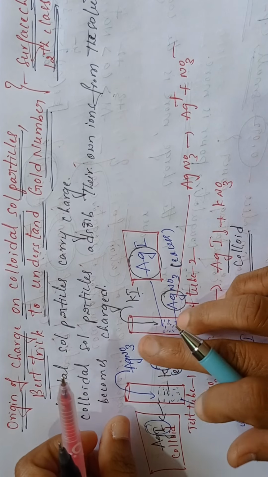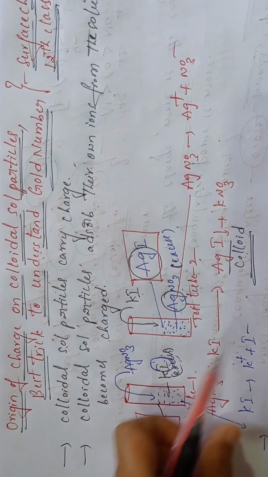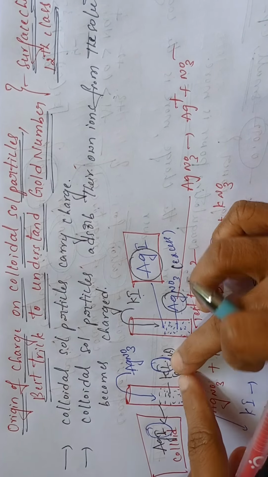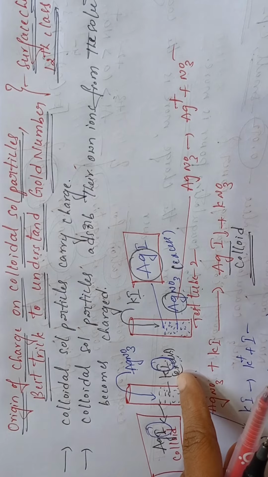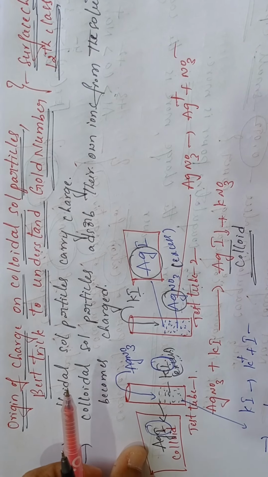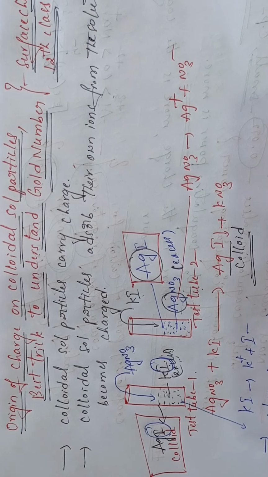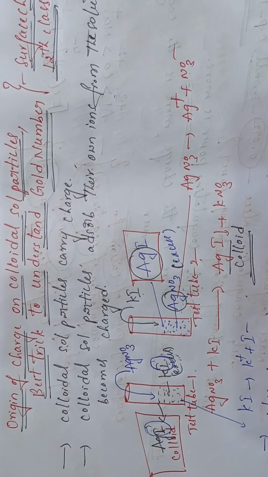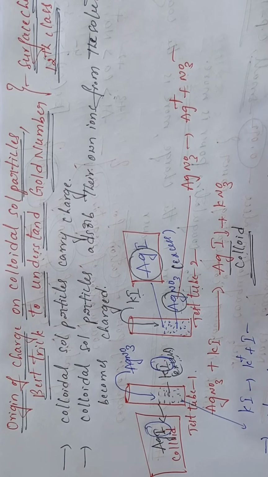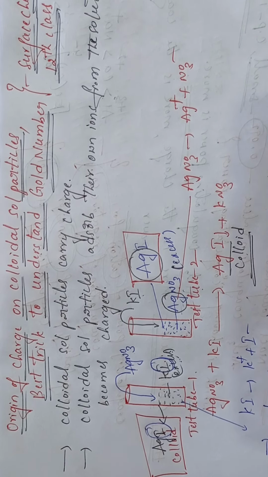When silver nitrate is added to the KI, what happens? Silver iodide is formed. Now what does the silver iodide absorb? It absorbs the common ion. Which is the common ion in the first test tube?